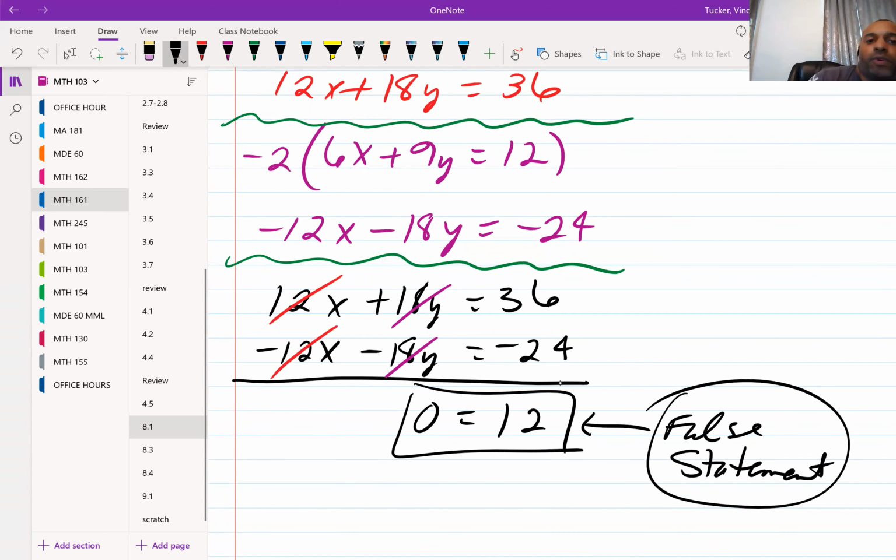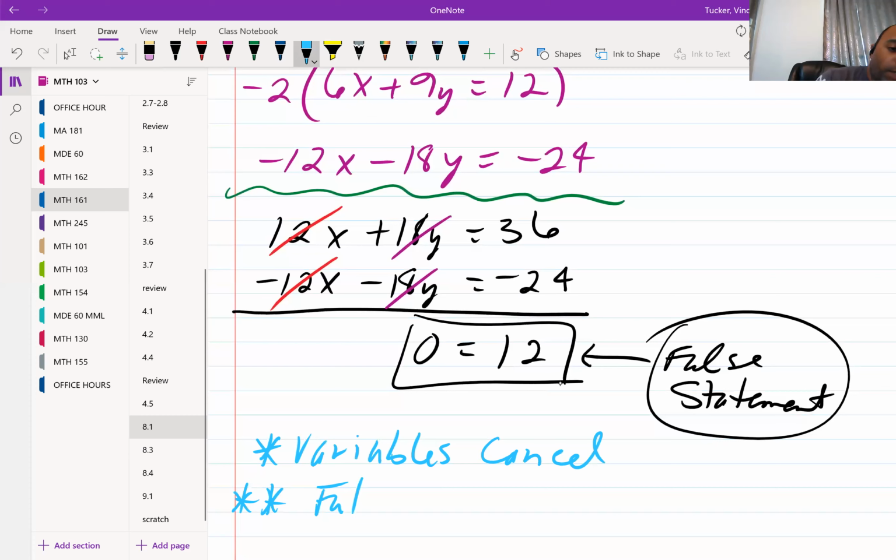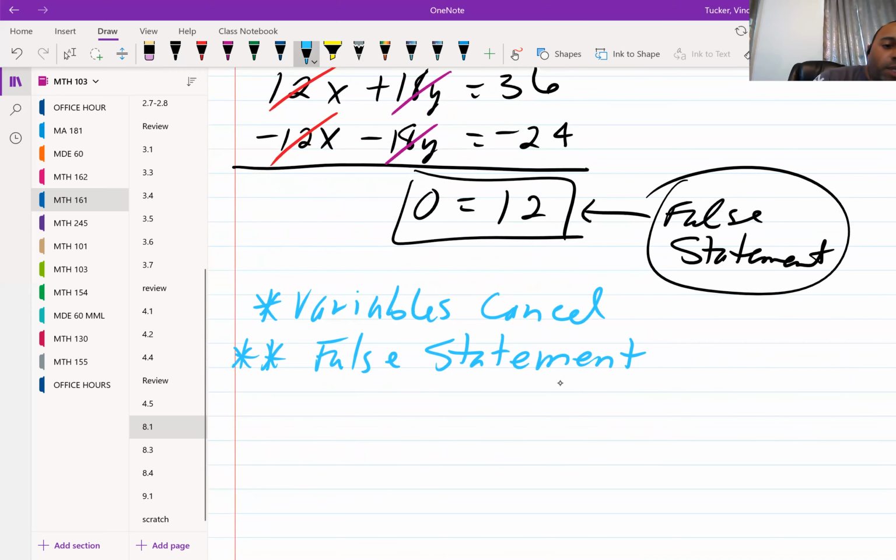And we've seen this before. So when your variables cancel and you have a false statement, your answer is going to be no solution.